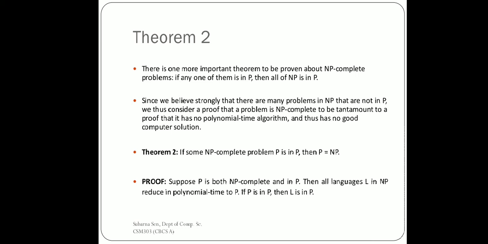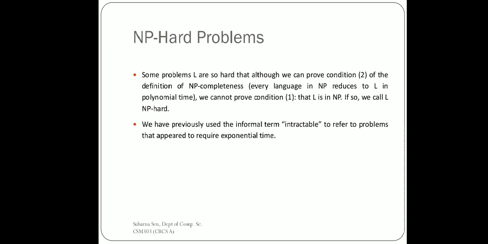Now there are again some problems which we call NP hard problems. What are such problems? Some problems L are so hard that although we can prove condition 2 of the definition of NP completeness, that is, every language in NP reduces to L in polynomial time, we cannot prove condition 1. That means there is no way to solve the problem using a non-deterministic Turing machine in polynomial amount of time.